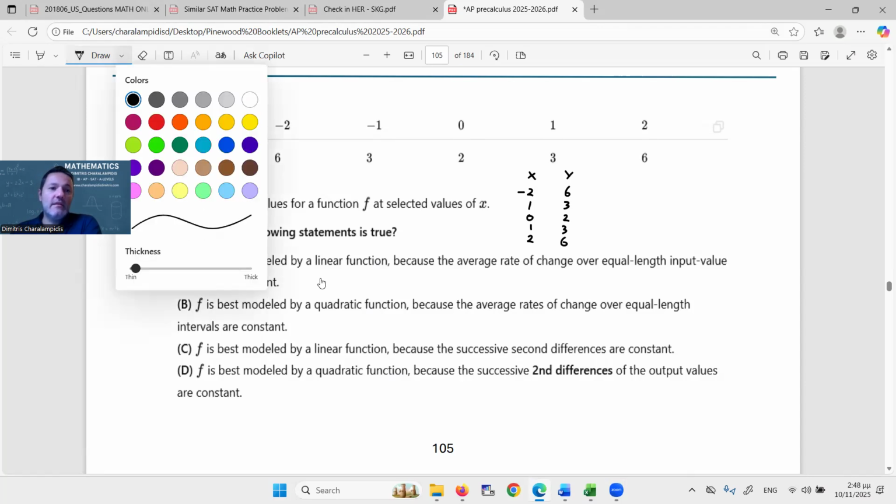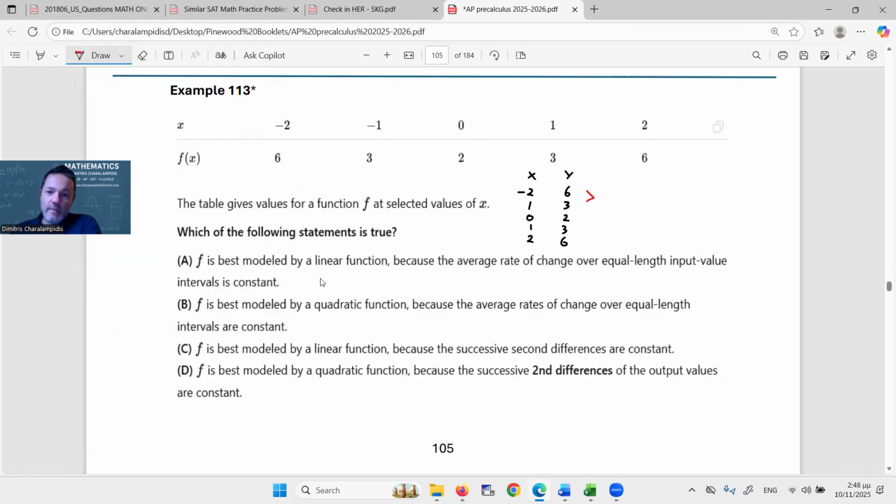Let me take the first differences. 6 minus 3 is 3. 3 minus 2 is 1. 2 minus 3 is -1. And 3 minus 6 is -3.